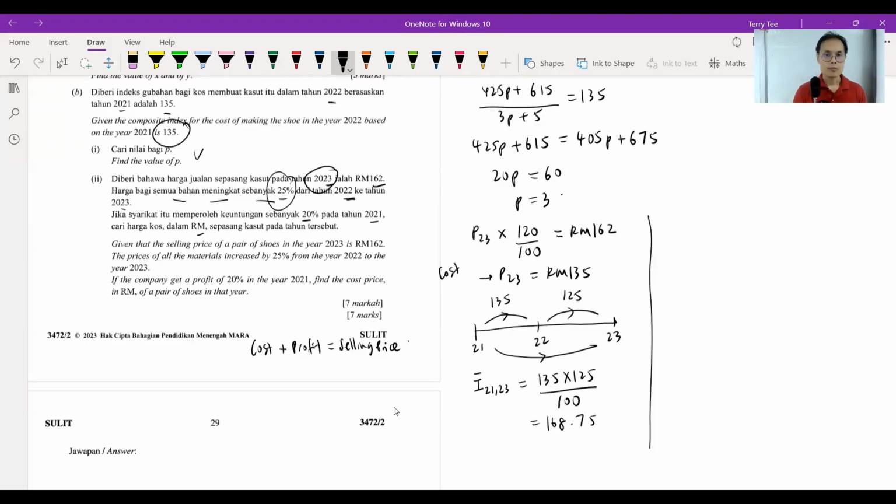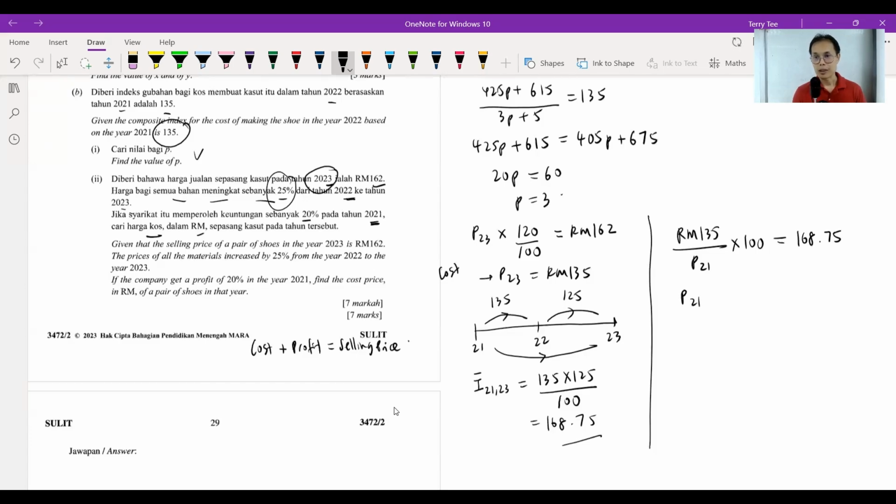We're finding the cost price or the harga cost pada tahun 2021, right? Okay, cari harga cost. So your harga cost for 23 is 135. Harga cost for 21, I don't know, tak tahu, times 100. Your index is 168.75.